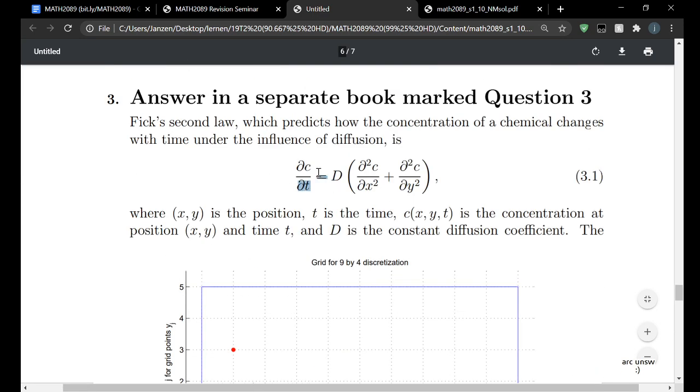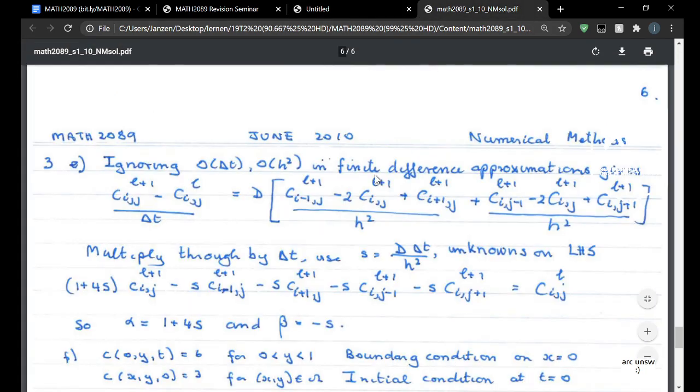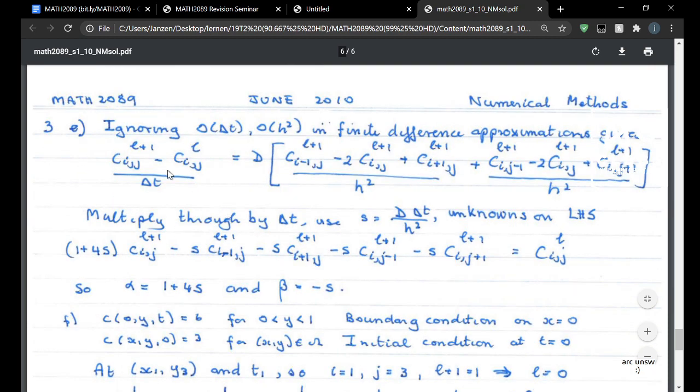And we're substituting them back into the original PDE, namely this one here. So instead of writing delta c on delta t, we substitute this expression. As for the other two second order partial derivatives, we substitute the discretized forms here. What they did in the solution, they multiplied both sides by delta t, and replaced d delta t on h squared with s.